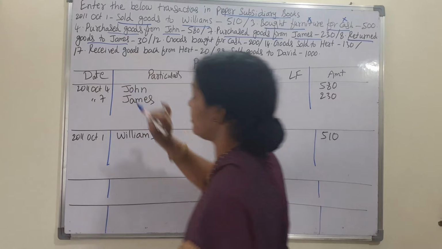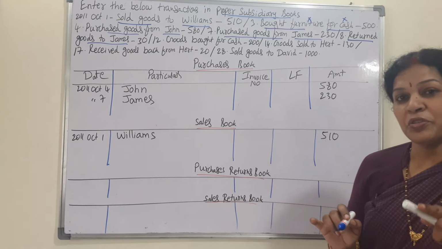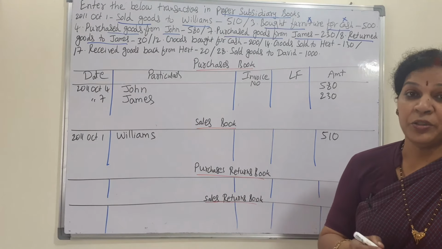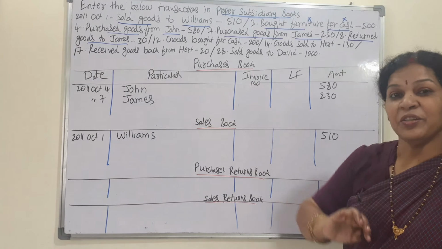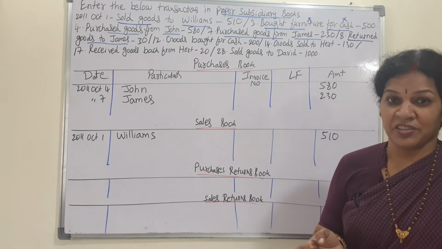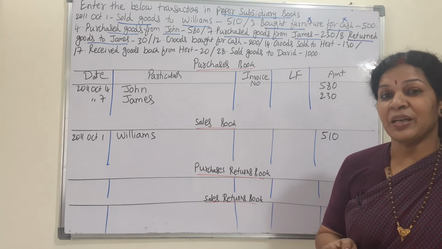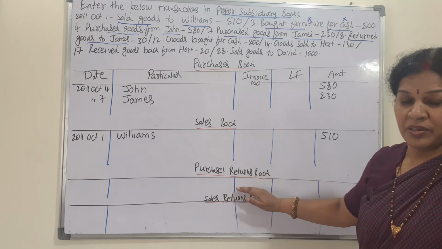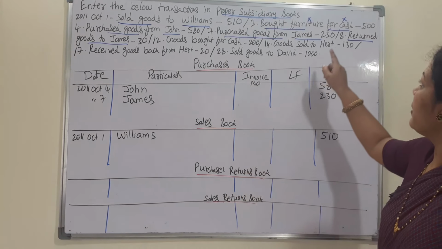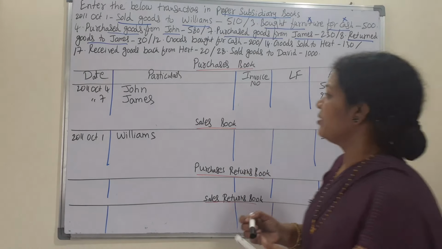Next, 8th, returned goods to James. We already purchased goods from James, and now we are returning to James. Purchased from James, now returning to James, means it is purchase returns. Purchase returns come in the purchase returns book. This table is already drawn. So for purchase returns, this is on the 8th.